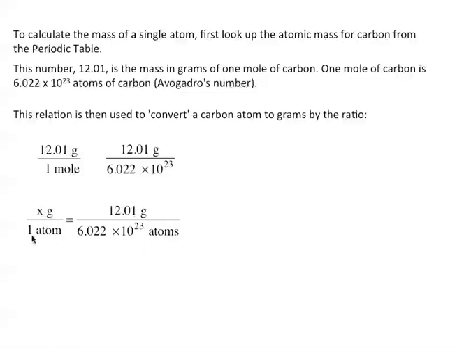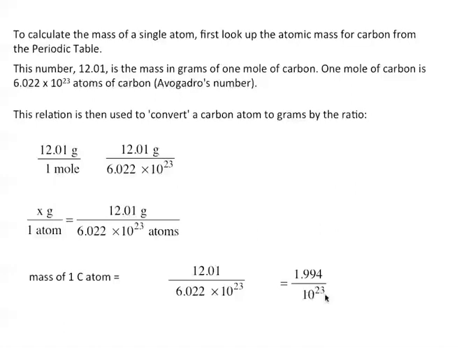x divided by 1 is x, so it's my unknown, my mass. So the mass of one carbon atom is going to be 12.01 divided by 6.022 times 10 to the 23. Now the easiest way of doing that, don't put this whole number into your calculator, just do the 12.01 divided by the 6.022, which gives us 1.994 divided by 10 to the 23.